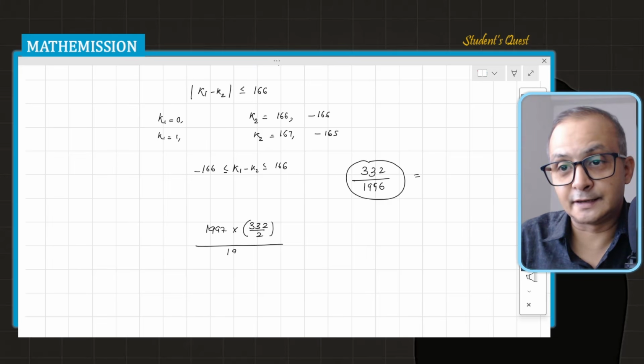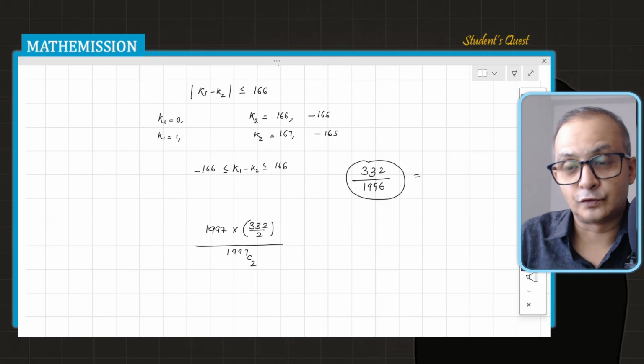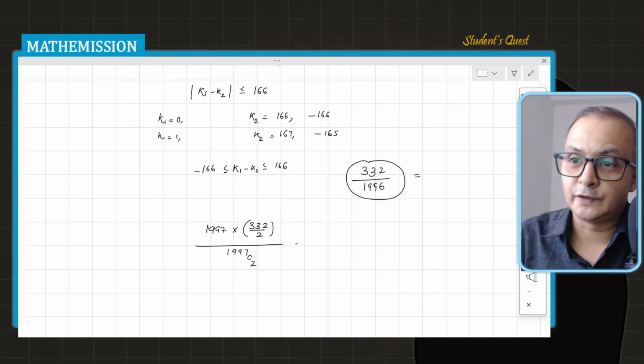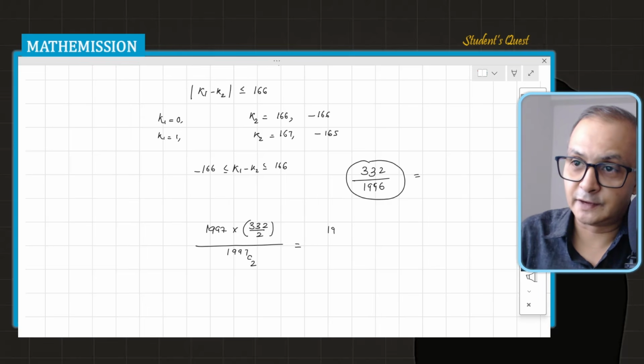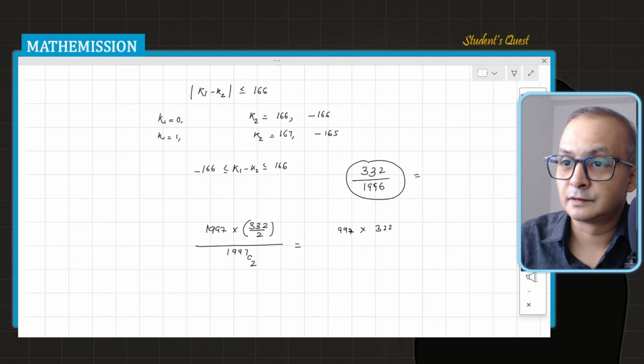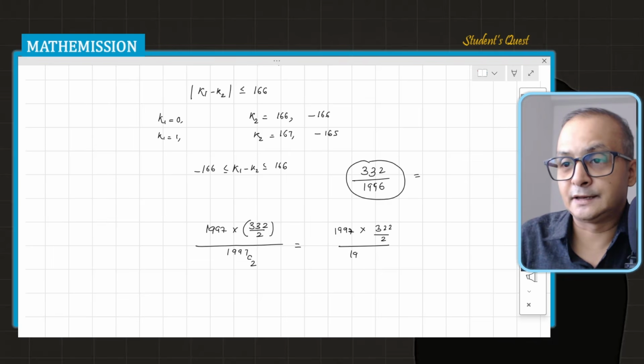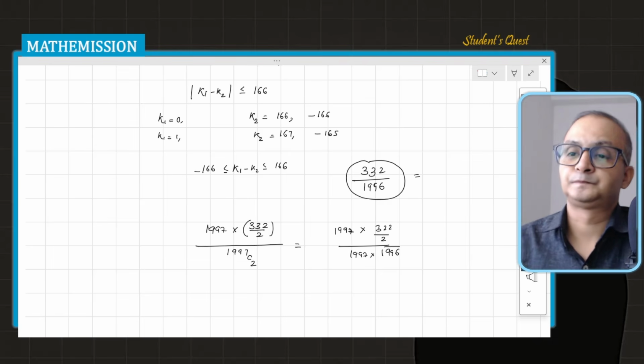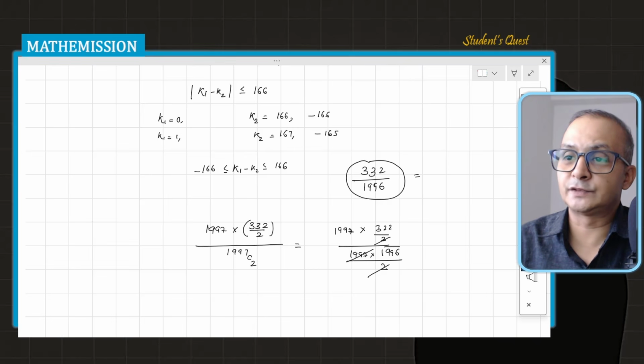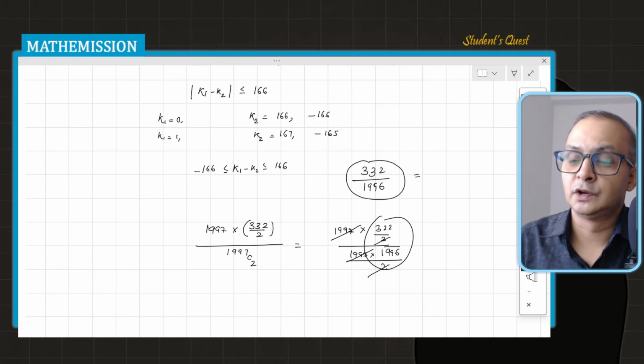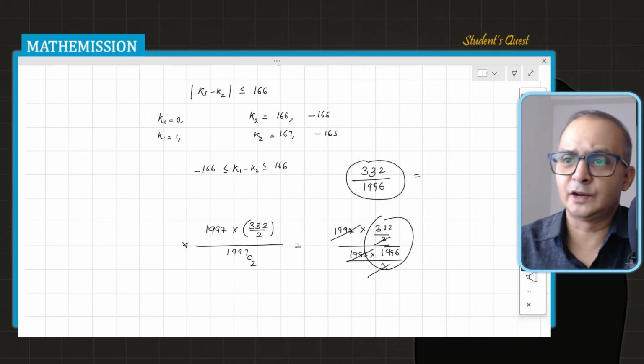Let's calculate, I hope it will give the same thing: 1997 into 332 by 2, and this is going to be 1997 into 1996 by 2. You can notice that this will cancel and we get the same value. So in this way we can do this question, and whatever result you calculate should be the answer.